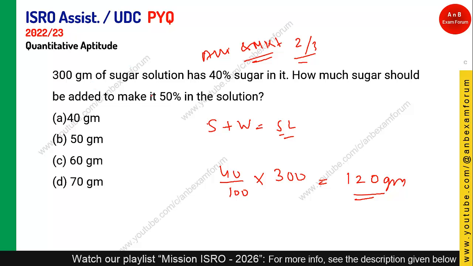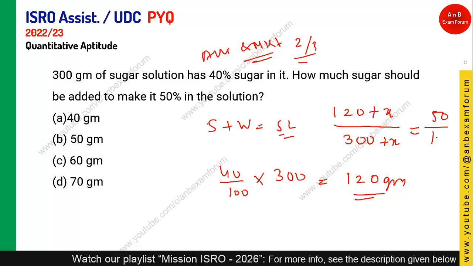Okay, how much sugar should be added to make it 50%? So 120 is there. We want to add some sugar to it, so 120 plus x, some gram of sugar. So the solution will become what? 300 plus x, because if I am adding to the sugar portion, the solution will also increase.